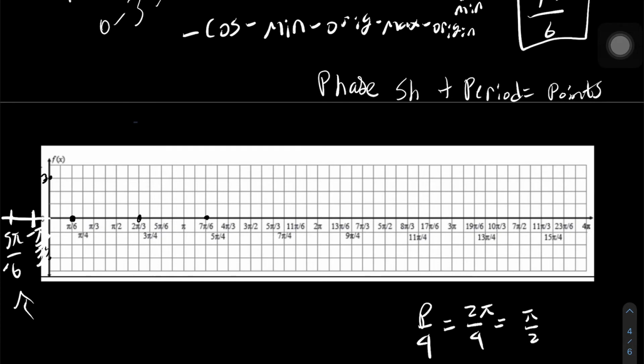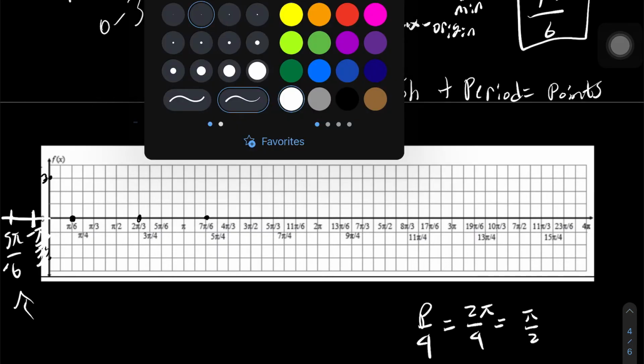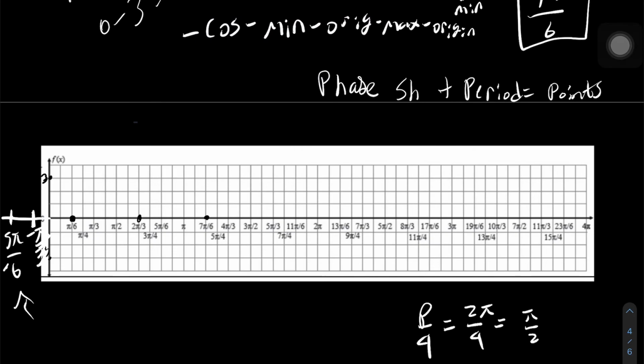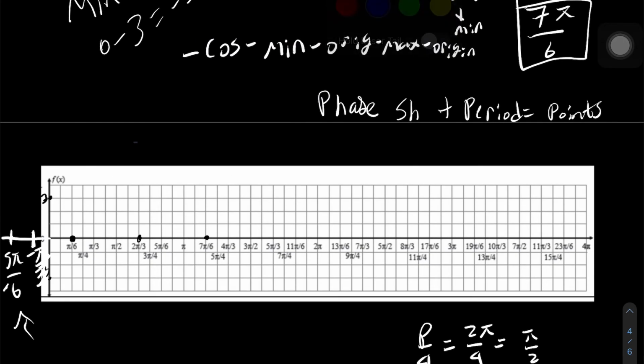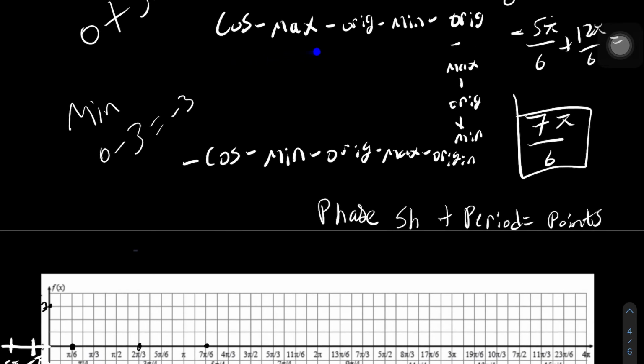We are not really minding the points before the graph, but for this scenario, we are going to try to graph them. Again, we said that cosine starts at the maximum, goes to the origin, goes to the minimum, and then back to the origin. So our maximum here is 3, then we go to the origin, which is right here at 0.